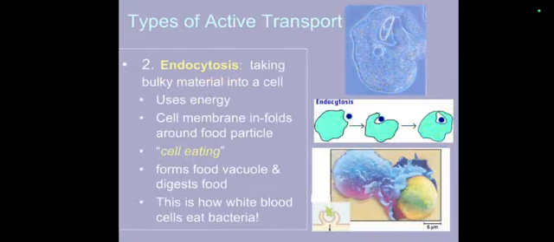Phagocytosis is also known as cellular eating. Neutrophils and lymphocytes in the blood and tissue macrophages are responsible for the process of phagocytosis. Next, pinocytosis.